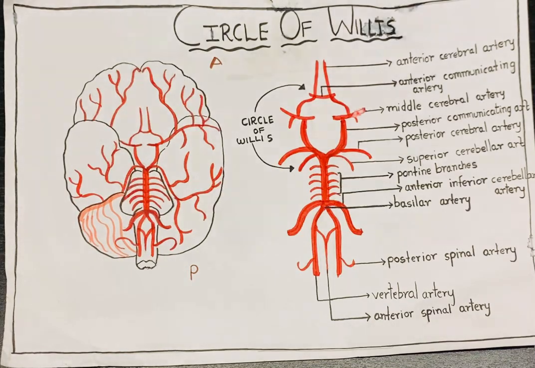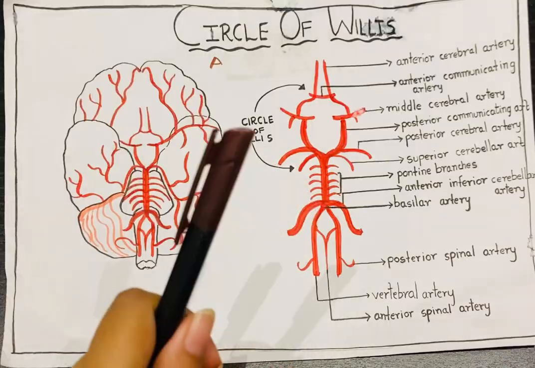Why is there a need for this kind of polygon in the blood supply of our brain? The functional importance of the circle of Willis is that I'm pretty sure many of us have heard that in our families or among friends, somebody has suffered from a stroke, right? What exactly is a stroke?